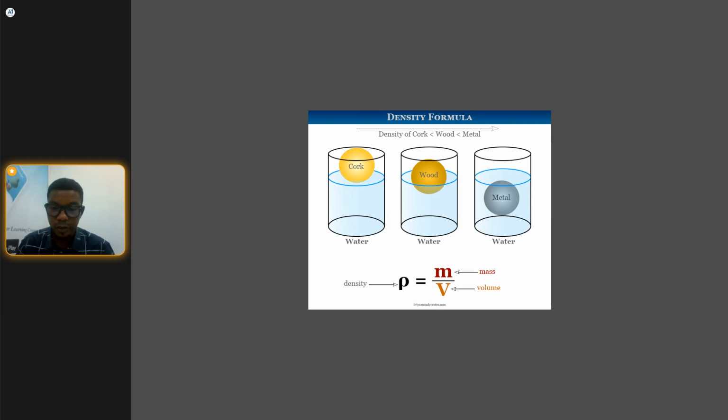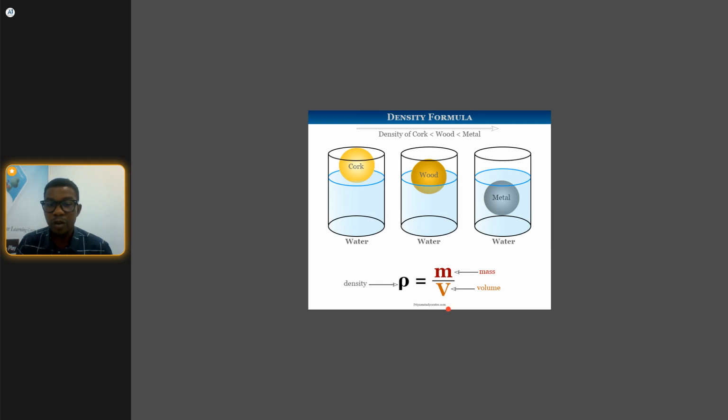So in case you are solving and you see something of this nature, it is not the letter P, but the symbol that represents density. And we have density equals mass over volume. So mass over volume is the formula for density.